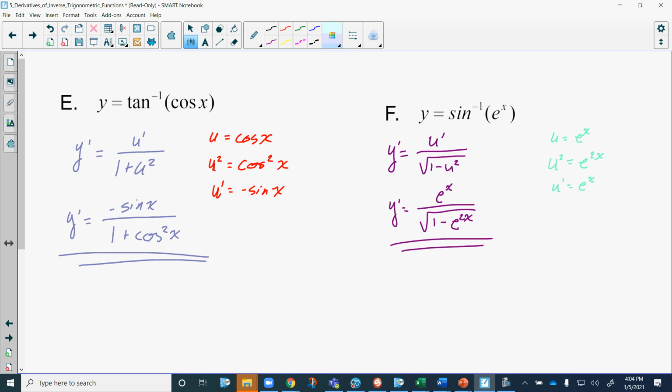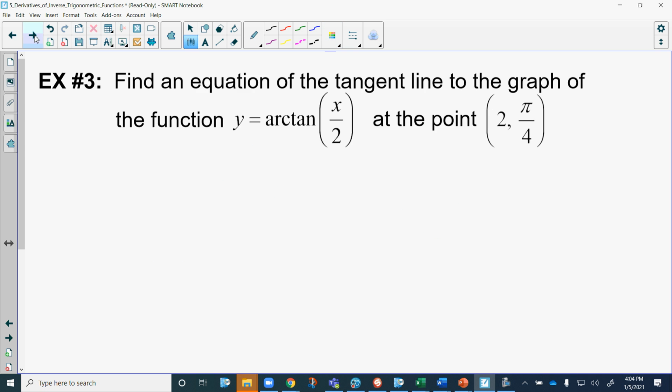Now the next examples that we're going to be taking a look at here for practicing with inverse trig functions ask us to do things that we've done with a lot of other derivatives. In this case, find the equation of a line tangent to the inverse tan function that we have, and it's giving us an input and an output.